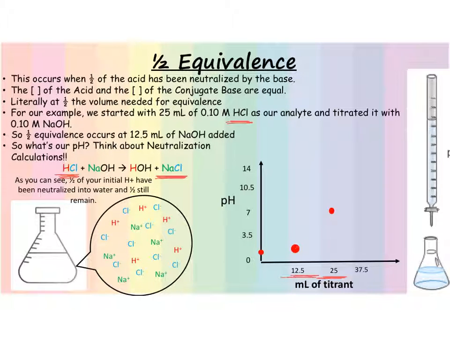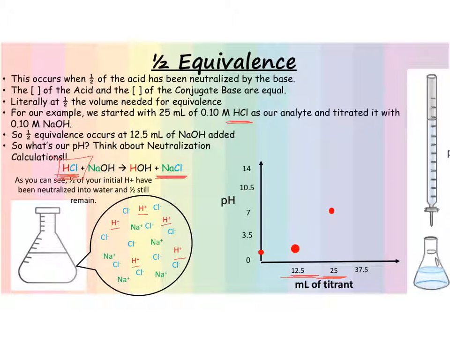All right, so what is in solution at this point? HCl is a strong acid, so we should show it all broken up. So I've got 1, 2, 3, 4, 5 H+. And then my conjugate base is going to be my NaCl.